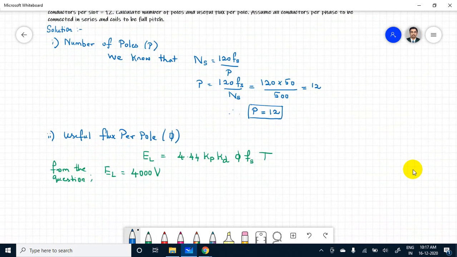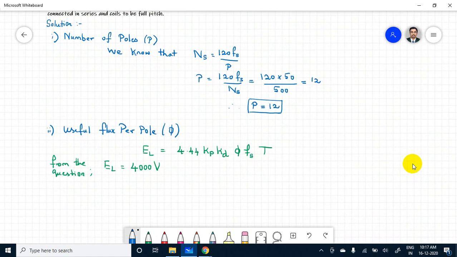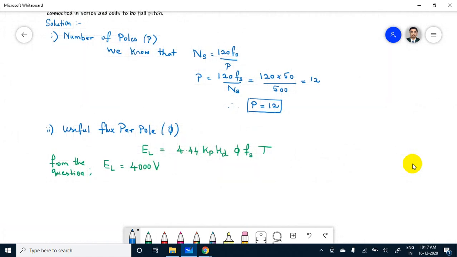So, in terms of coils connected in full pitch, in full pitch, what is the value for pitch factor Kp? Kp equal to 1. It is the pitch factor.